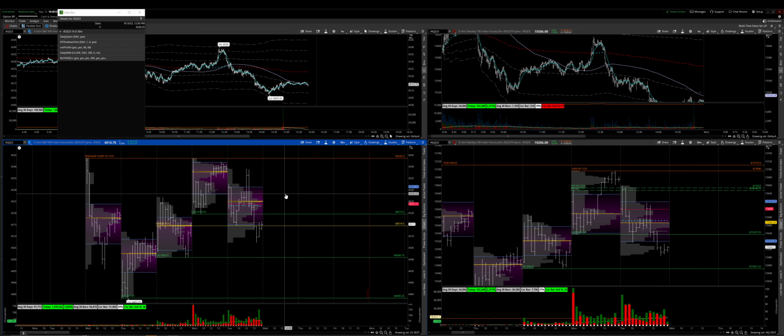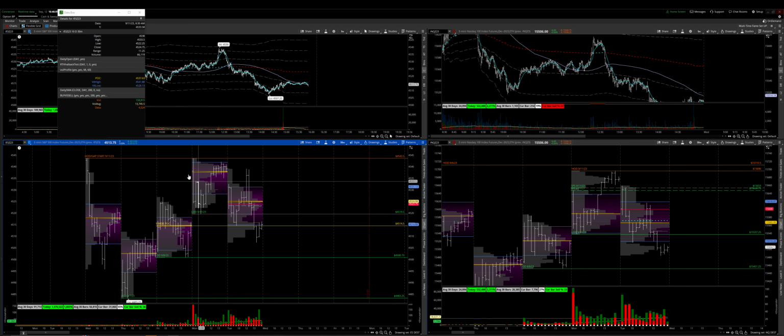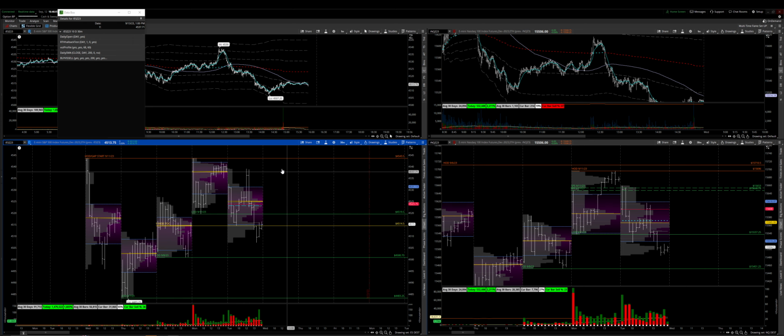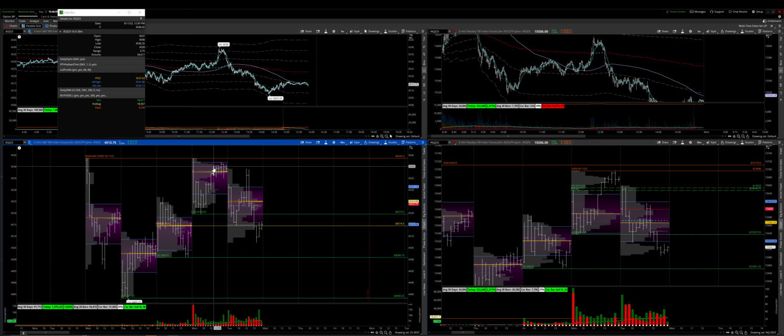And whenever a market is in balance or some type of sideways consolidation, we have rules that we like to try to follow, or at least most traders follow. So one of the rules is we get near a balance high, which we did yesterday and today. We get near a balance high today.